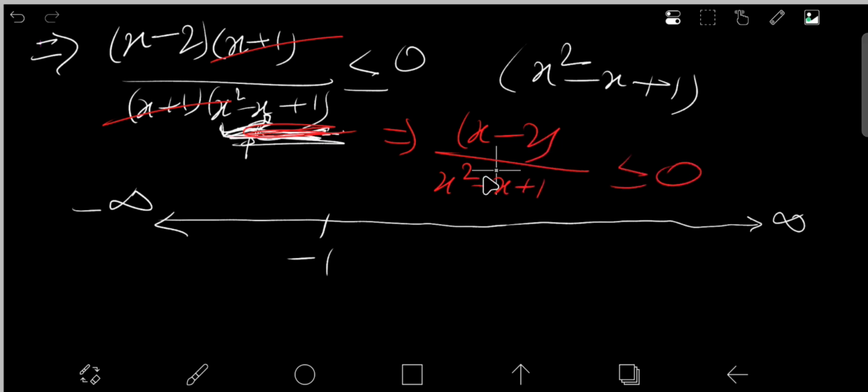So from here we get only one root, which is 2. This is how we write it.